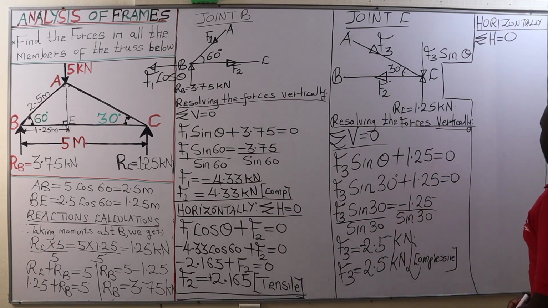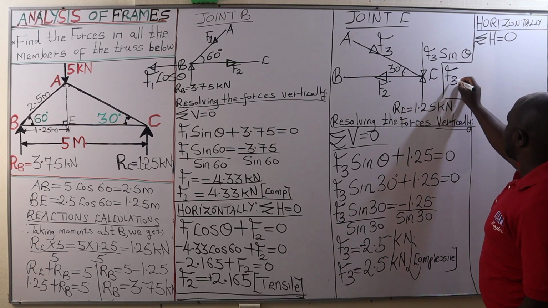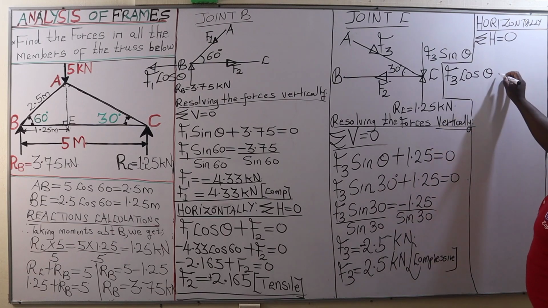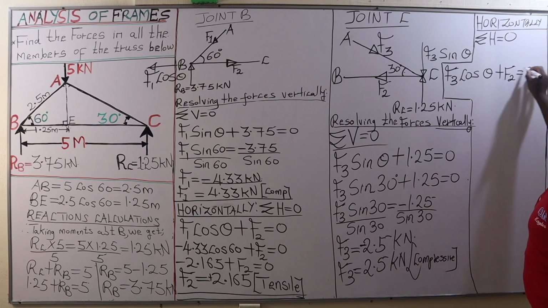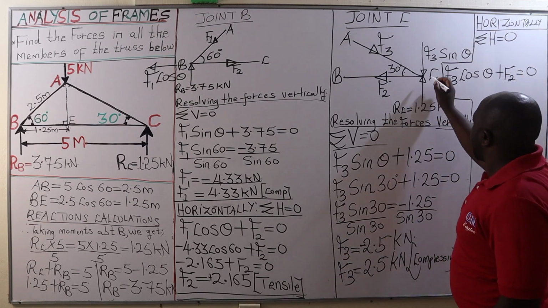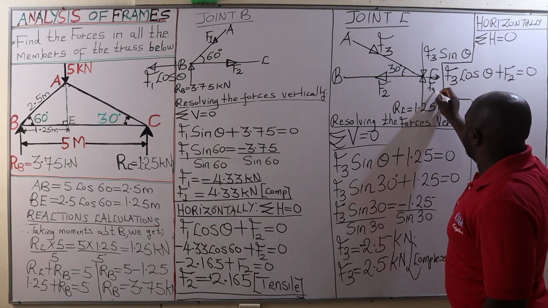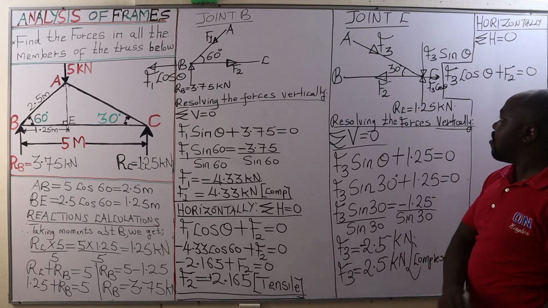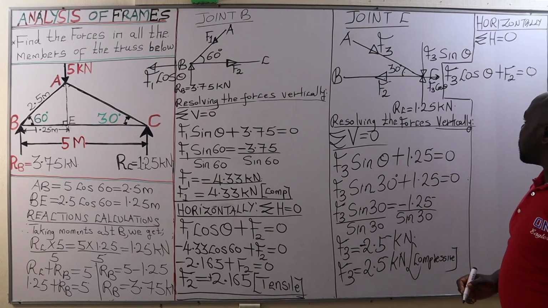Good. Therefore, we are going to have F3 cos theta plus F2 is equal to 0. Therefore, a horizontal force here, a force of F3 cos theta plus this horizontal force of F2, we are going to have that summation being 0.